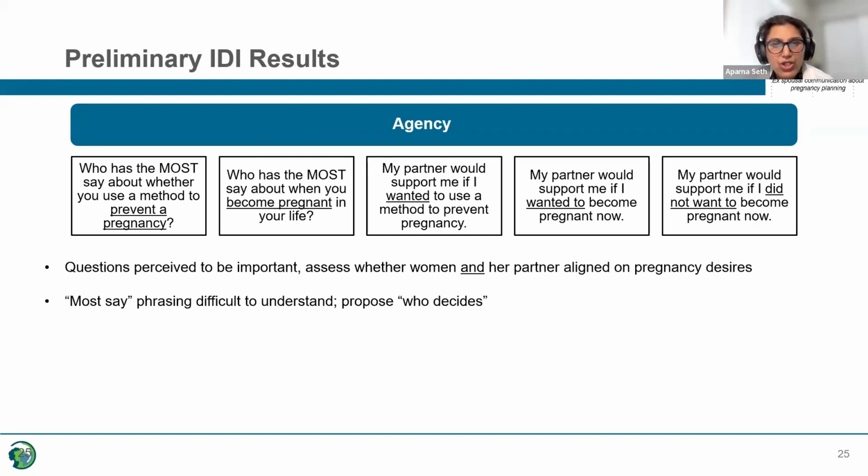And our final construct, which we relabeled as agency, was also perceived as important by most of our participants. They thought that asking women and their partners whether they align on their fertility intentions and pregnancy desires was important.